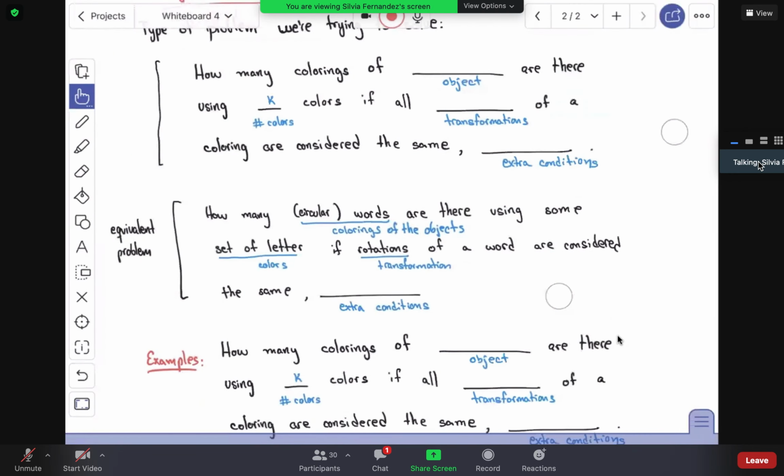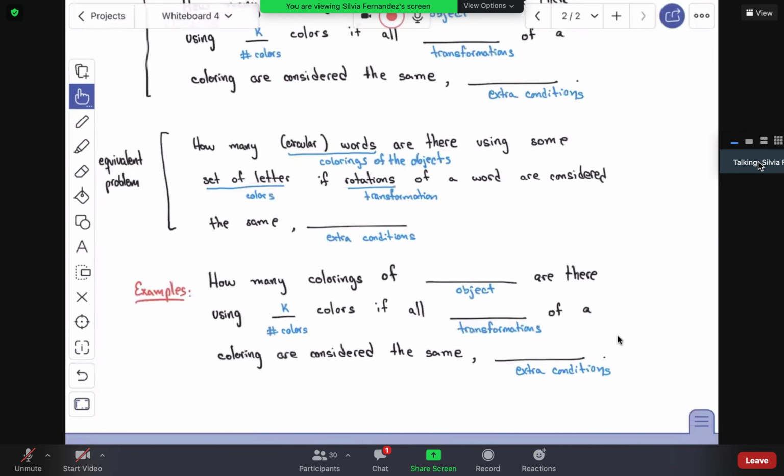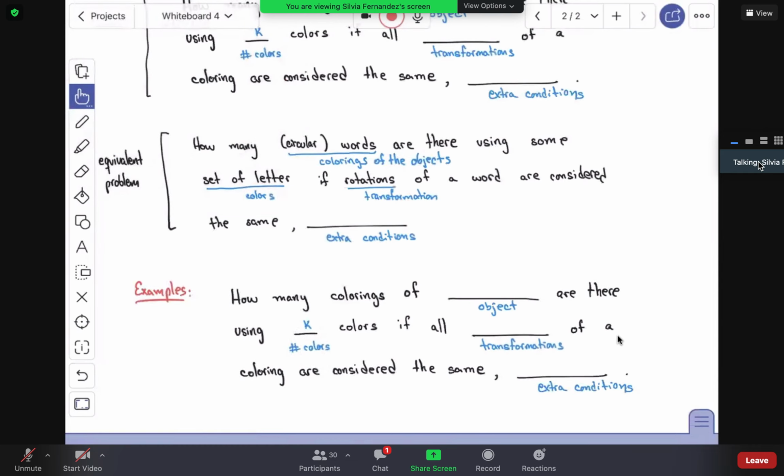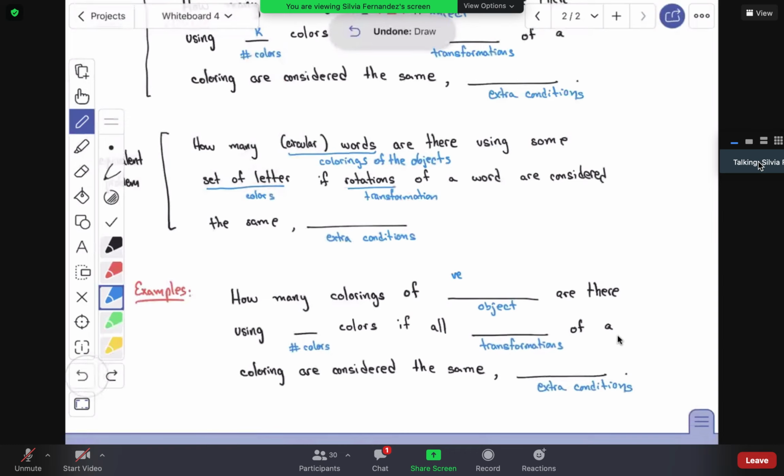Okay, so an example of this could be how many colorings of the vertices of a square, let's say? That's my first blank, right?